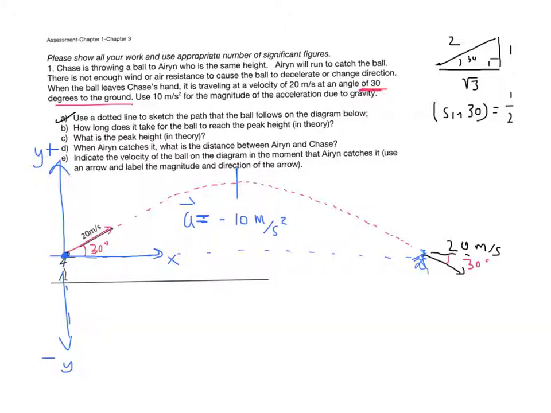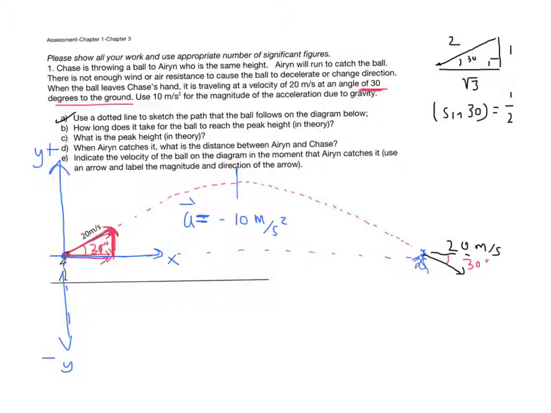We can superimpose a velocity in the x direction and a velocity in the y direction. So this vector plus this vector equals this vector. That's what the superposition gives us: you can add those together and get the net velocity. The velocity in the y direction is what we're concerned with.